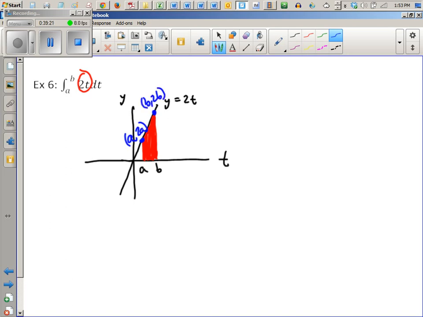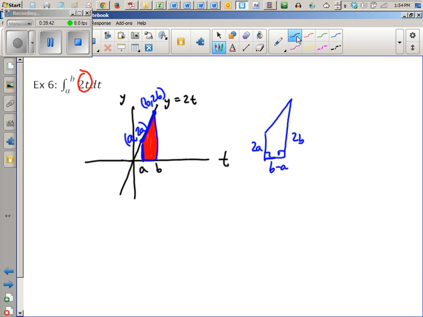So you could say that this trapezoid here in blue has legs 2a and 2b. As for the width, or the height, I guess you should say, of the trapezoid, that's the distance between the two parallel bases, that is b minus a.